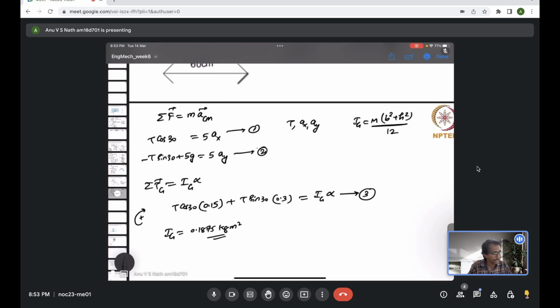So now you have 3 equations and 3 unknowns, so you can solve for Ax and Ay. Okay, I forgot one more unknown. So there is an alpha. Now the fourth unknown came, but you have 3 equations, so you cannot just solve the 3 equations. Now you have to use the kinematics.